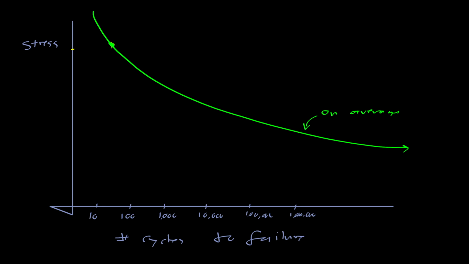The other limitation that I want to talk about may have come to mind in the last video when we were talking about consuming proportions of your fatigue life. So let's say you go for a run and you take 10,000 steps on your run at a stress level that would lead to fatigue failure after, say, 150,000 steps.